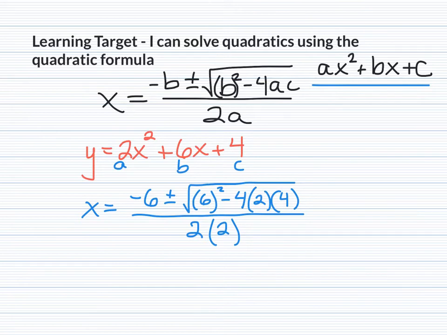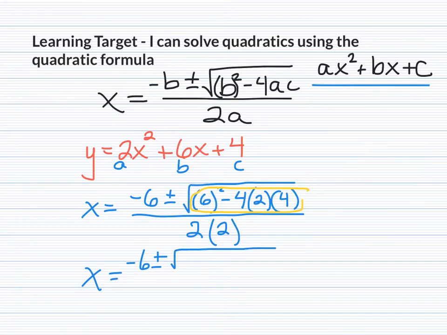So we saw this part right here in the last video about the discriminant. So first I'm going to evaluate that part. So I get x equals opposite of 6 plus or minus the square root.